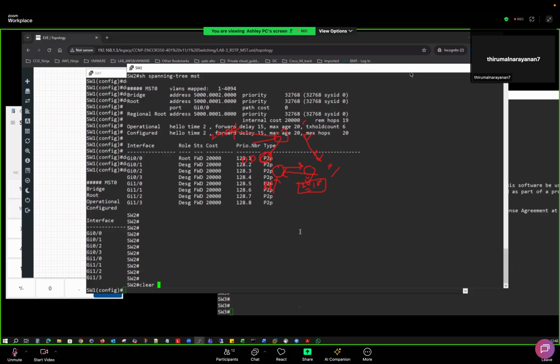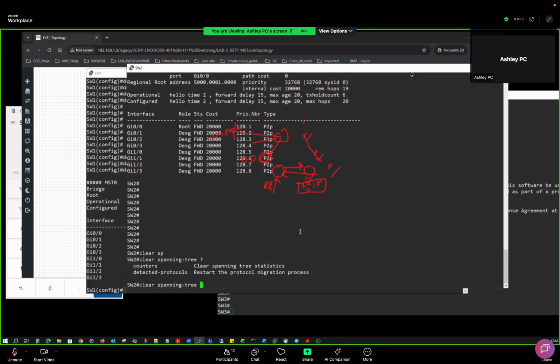Clear spanning tree counters, clear the spanning tree statistics, or I need to restart that one.